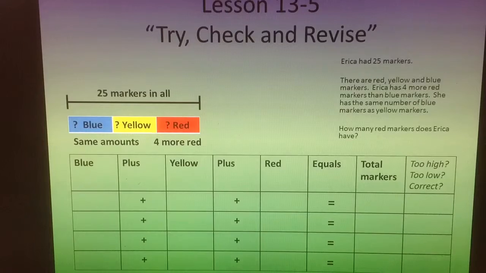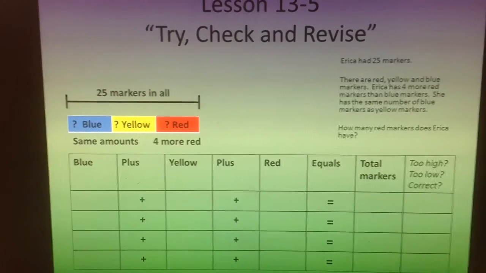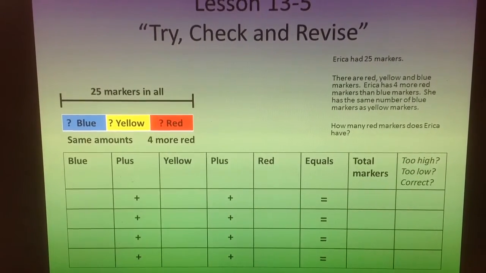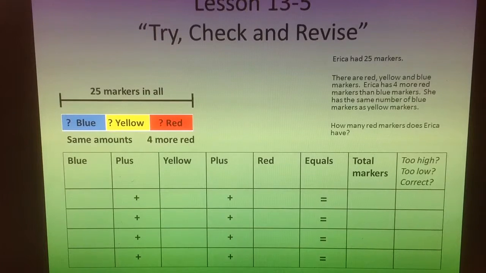Then I made a table, and this table is bigger than most of the tables we used. It's a little bit more detailed, so I'll just show you what it is, and then you can use simpler tables on the homework. What you do then is start putting in numbers and guessing. I know there's 25 in all. I'm going to pick a number smaller than 25 and just try it here for blue. Maybe I'll guess that there's 8 blue markers.